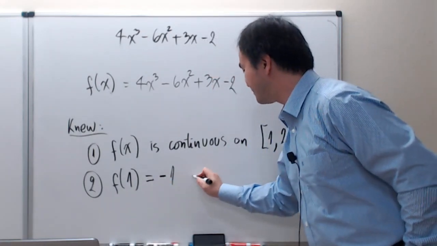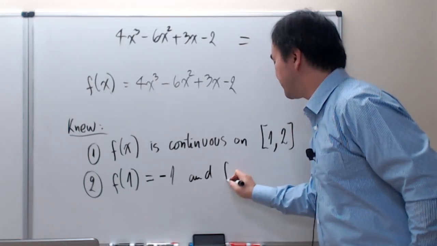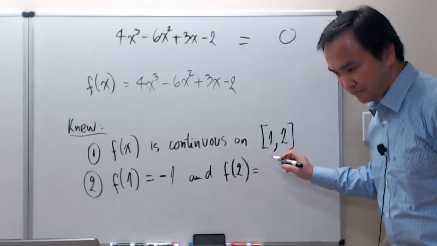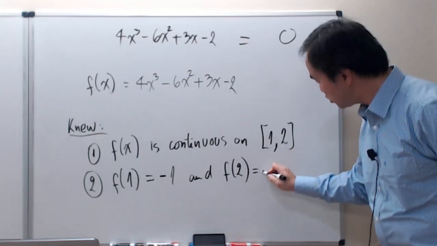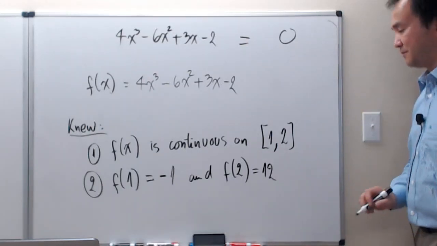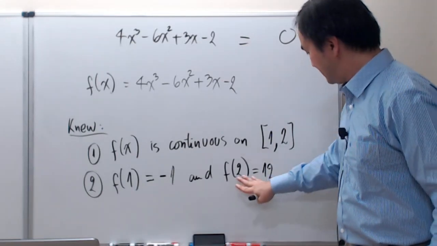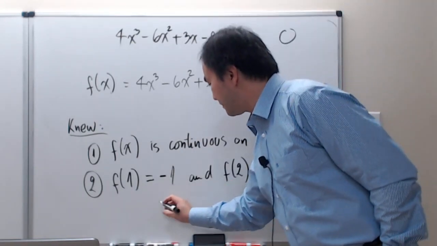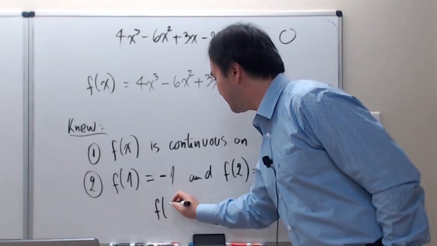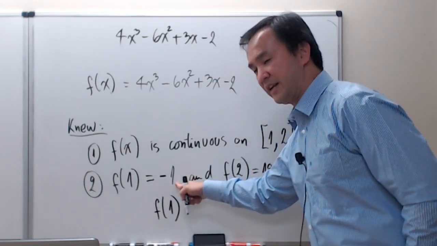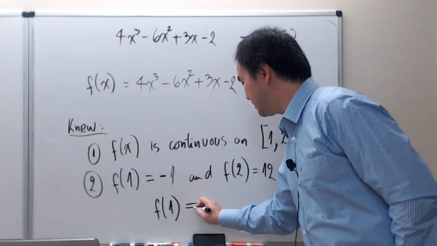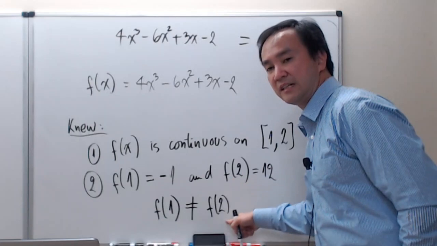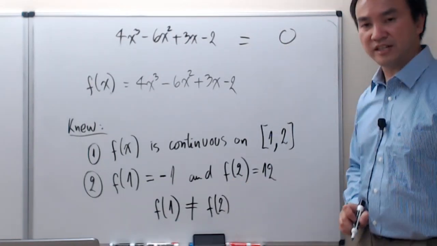And for f of 2, the calculation came out to be 12. Clearly, f of 1 being -1 is a different value than f of 2, the output at the right end point on our designated interval.